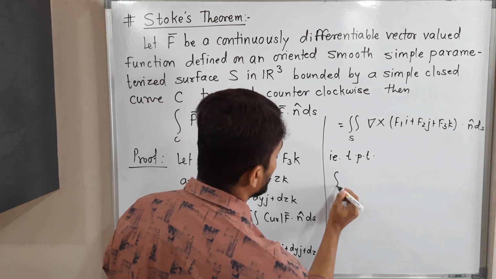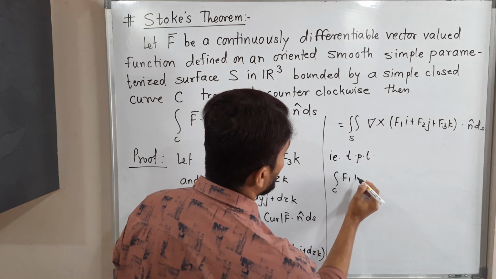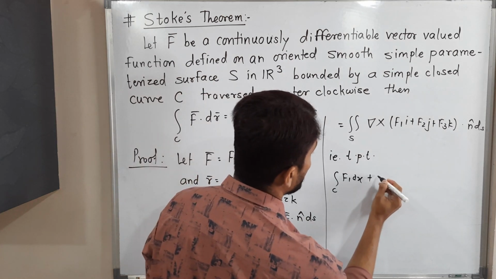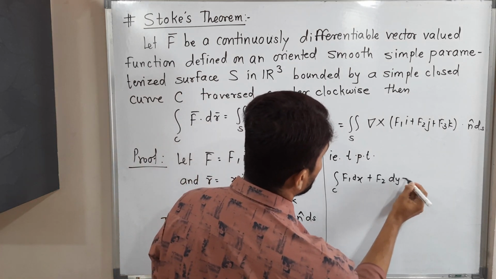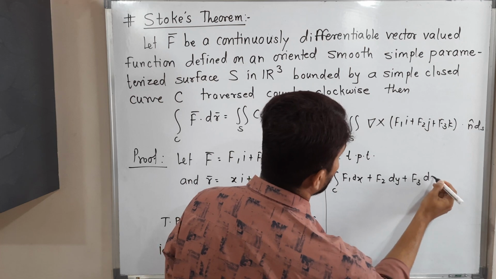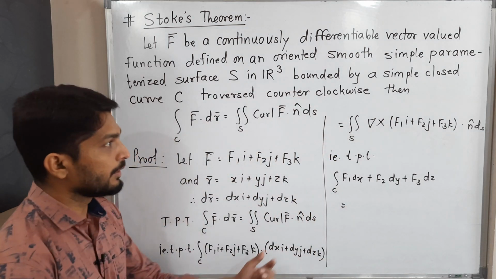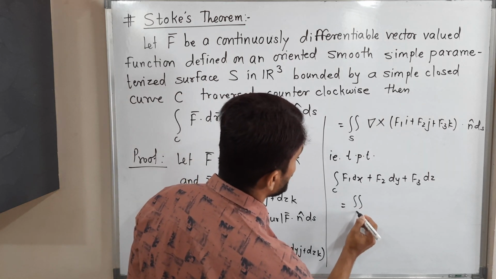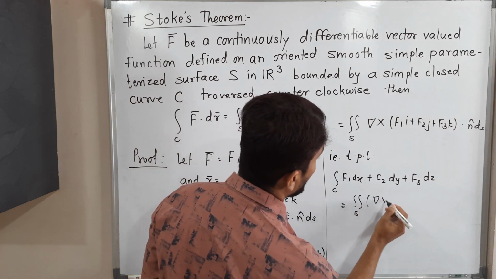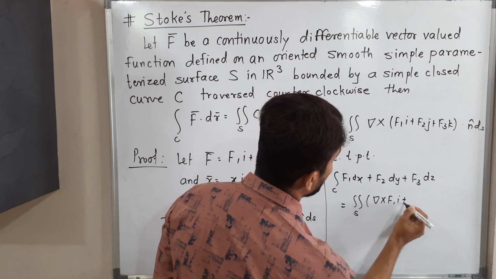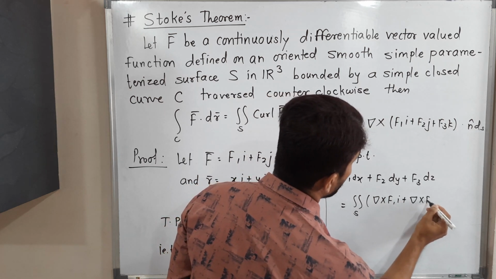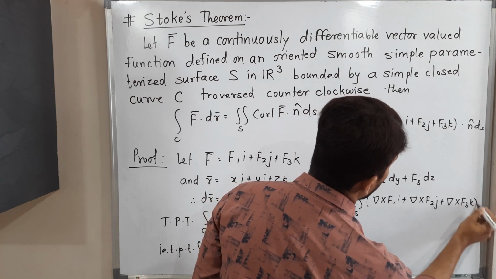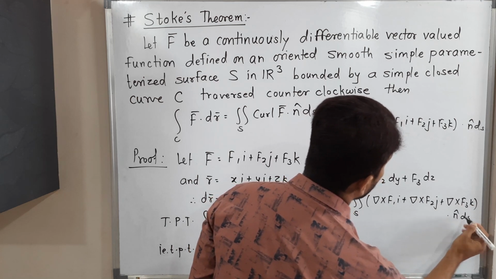So that is to prove that integration over C f1 dx plus f2 dy plus f3 dz is equal to, here also I can split in the same way, double integration over S del cross f1i plus del cross f2j plus del cross f3k dot n cap ds.